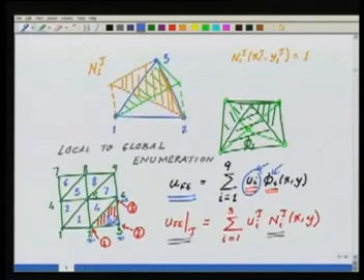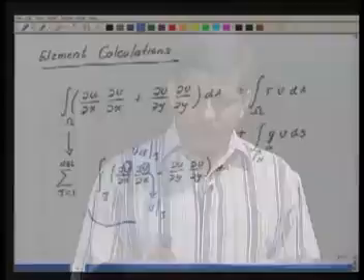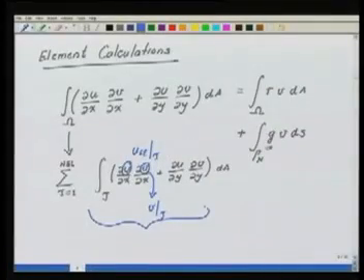So the element stiffness matrix will be a 3 by 3 stiffness matrix as far as the piecewise linear approximation is concerned. This 3 by 3 stiffness matrix for the element is what we would like to obtain. Once I obtain it, we do the usual process of assembly to get my global system.